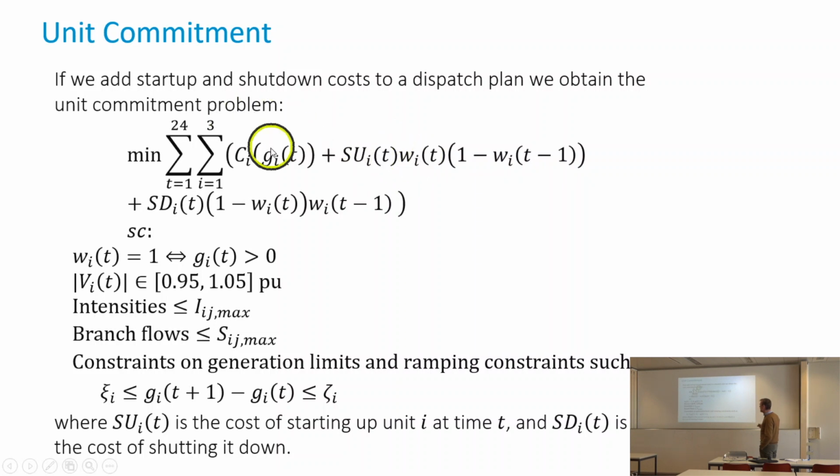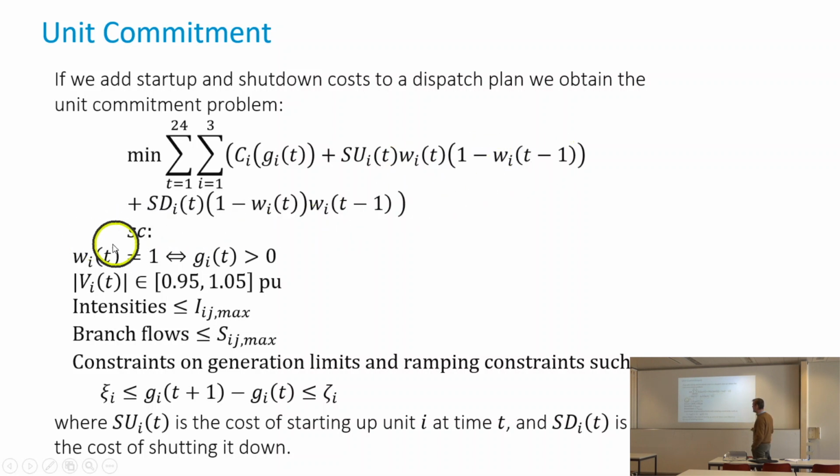So assume I have to do the problem over the next day. So one time slot is 1 hour. And assume I have 3 generators, like in my node here. And I need to decide at every time slot which generator is on and off. And assume that I have a startup cost here. So a startup cost is a cost that I pay if the generator is on and it was off before.